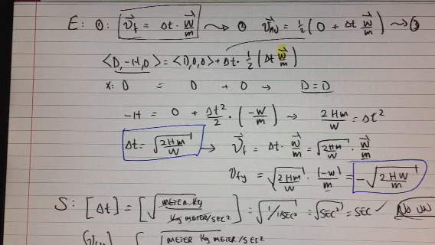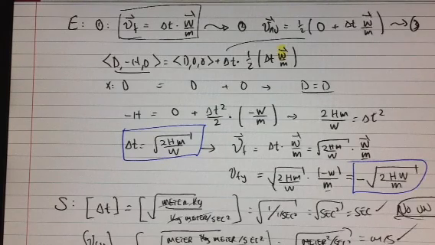And then in the denominator, we've got kilograms. So those kilograms cancel. So I have the square root of meters squared per second squared, which is meters per second. So then that is a velocity. And again, there are no unknowns.